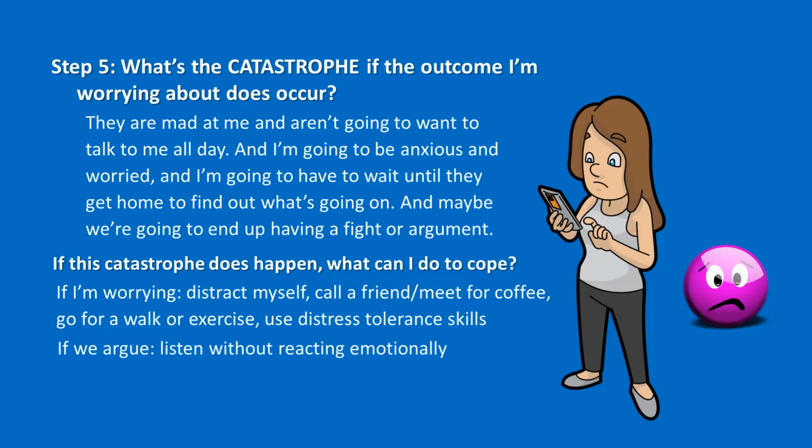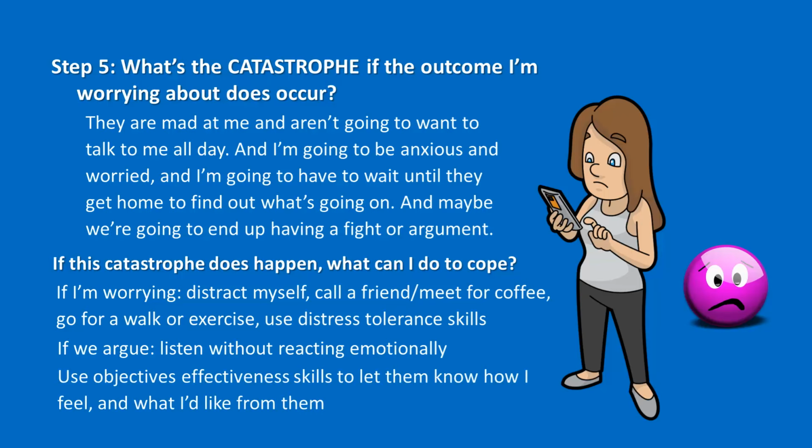And then, when they do get home, if there is an argument, I can do my best to listen to what they're upset about without reacting emotionally, and then use my objectives effectiveness skills to let them know how I feel about the situation and what I'd like from them. And this helps calm our emotions because we know that even if the worst case scenario does occur, there are things we can do to help ourselves cope.